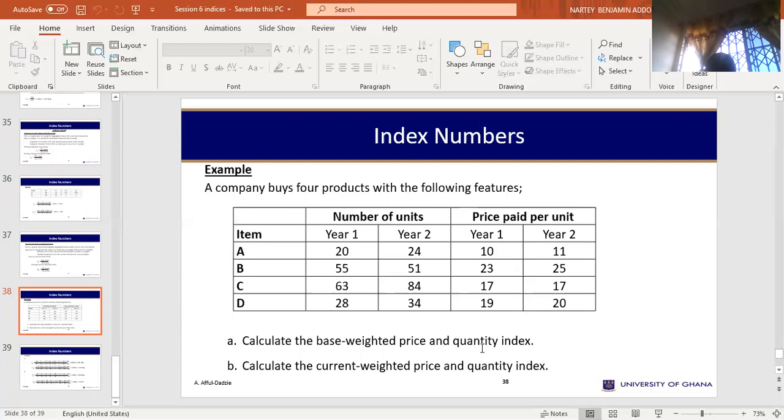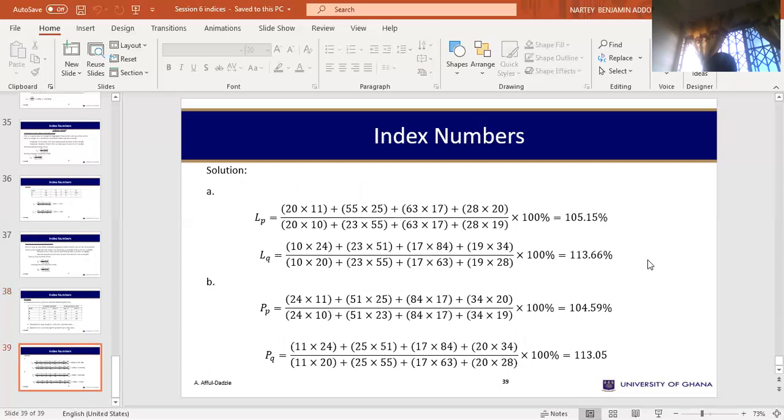So here, you are just to calculate the Laspeyres for the first one, and the Paasche is the second one, because you know what they stand for. Okay, so if you want to calculate the Laspeyres, then you see 20 by 11.